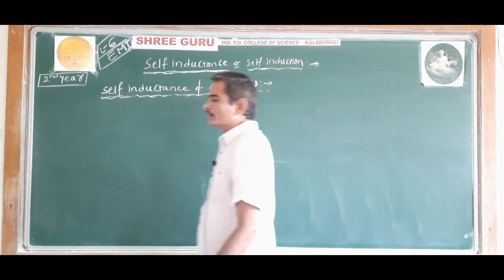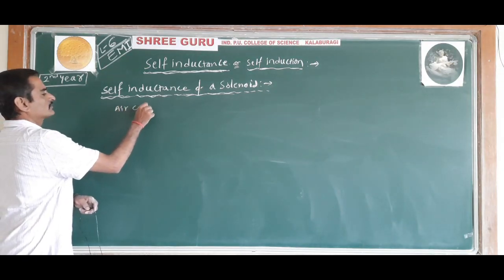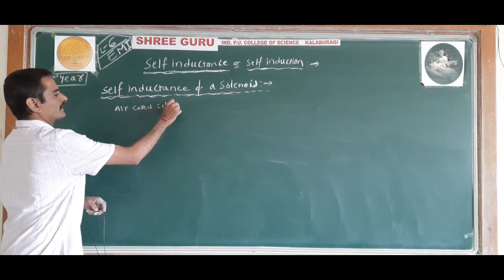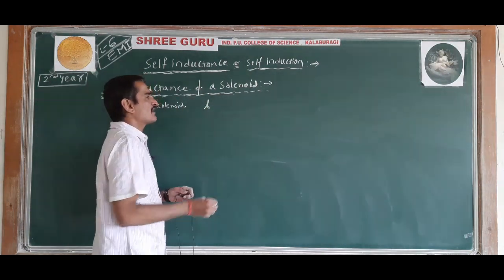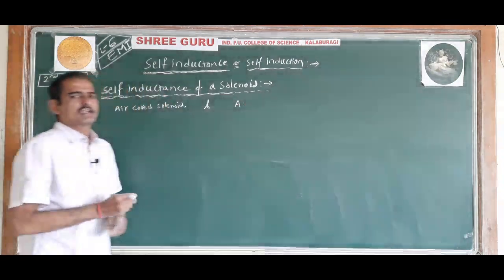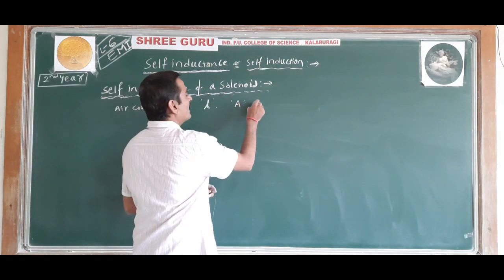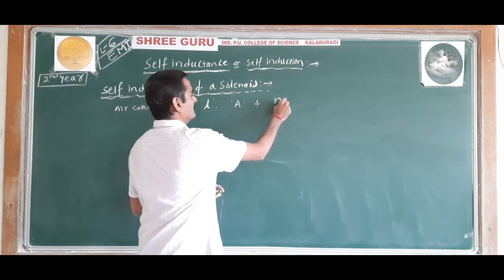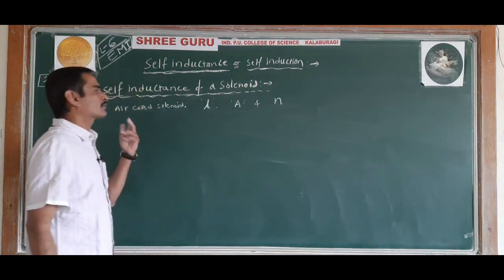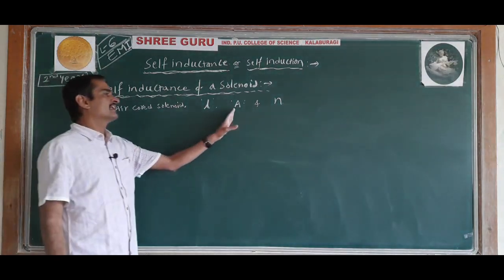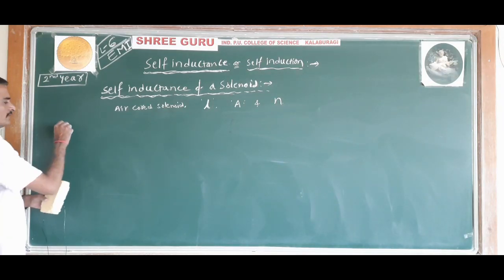So consider an air-cored solenoid of length L, area of cross section A, and number of turns per unit length n.